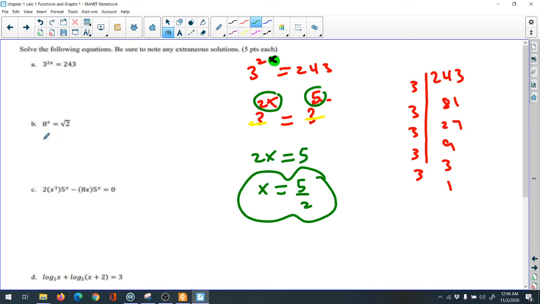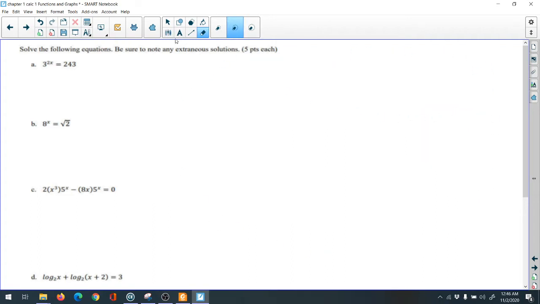The second question, which is 8 to the x equals the square root of 2. Let's do it here. So 8 to the x equals square root of 2. 8 and square root of 2, they are different. Yes, looks different. But we have to come up with a like relationship. They are family, actually.